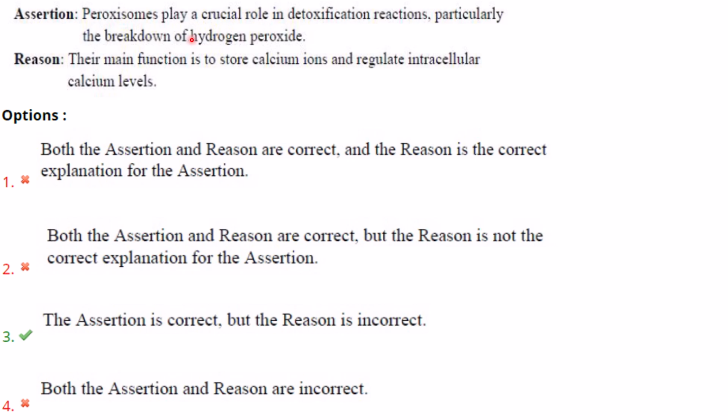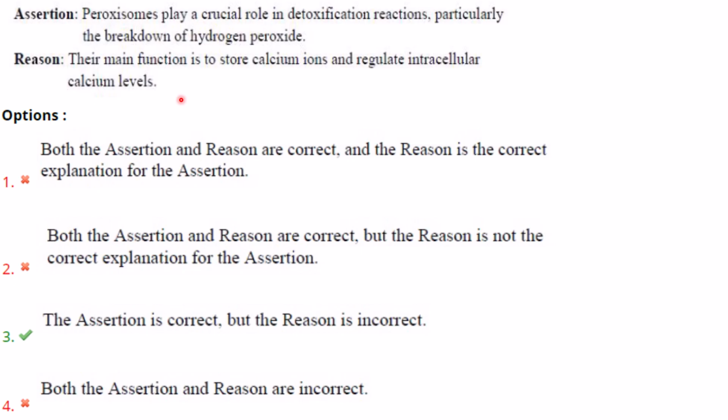Then next one: peroxisomes play a crucial role in detoxification reactions, particularly in the breakdown of hydrogen peroxide. Yes, they have catalase breaking down hydrogen peroxide, so that is correct. Their main function is to store calcium ions and regulate intracellular calcium levels. No, peroxisomes are not involved in storing calcium ions.